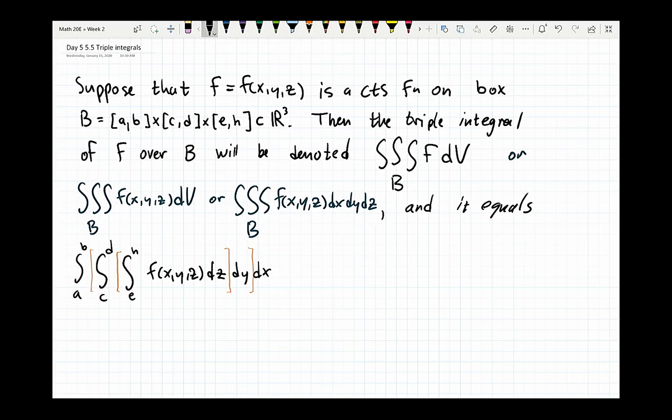And of course, as was the case before, there's nothing special about doing things in this order. We could have done, I don't know, y first instead of x, or z first. So we could have also written it as, how about, let me interchange y and x, in which case it would be c to d and a to b. Okay, that went z first, and then x, and then y.